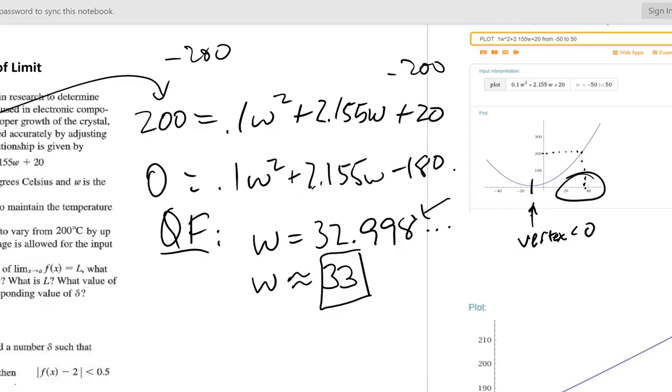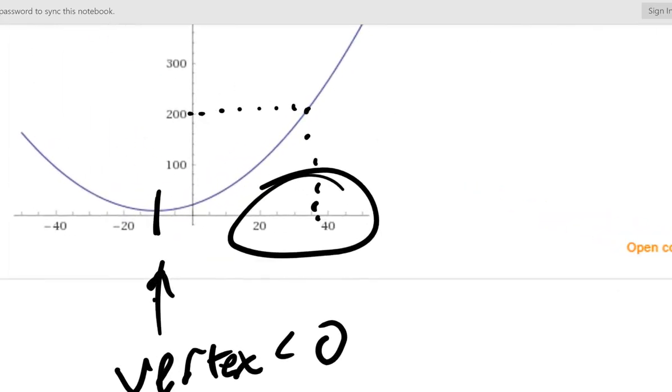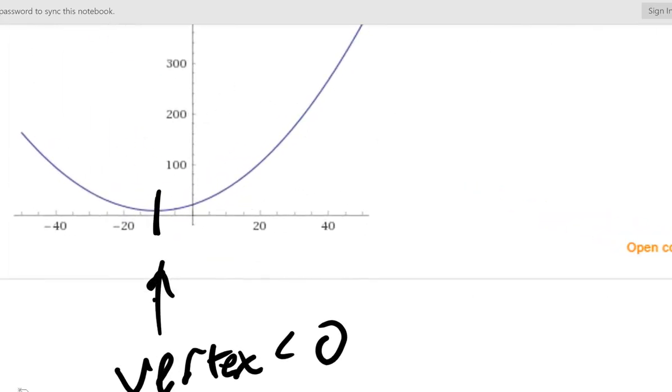All right. So apparently, if we blow this up a bit, at 200, we get 33. And I'm drawing this for a reason, somewhat precisely.